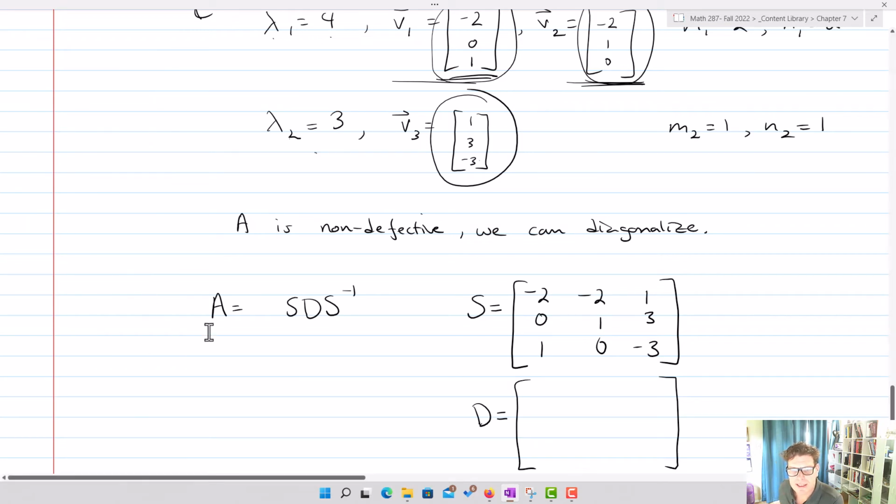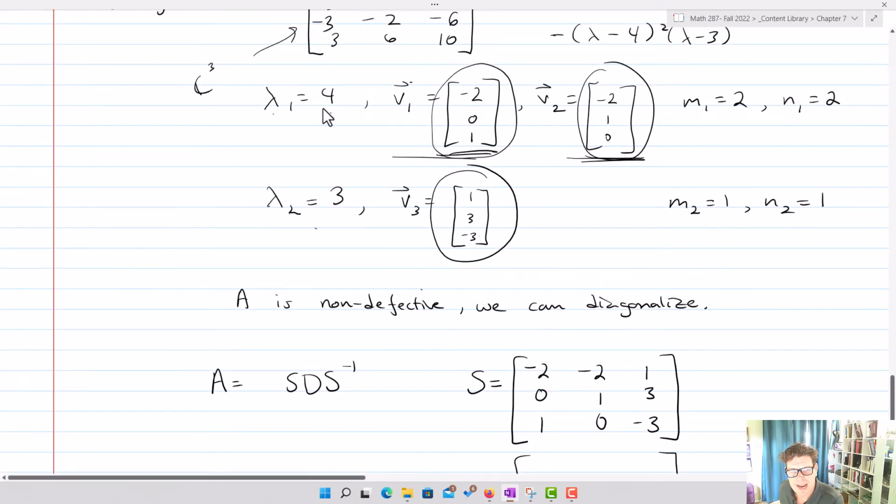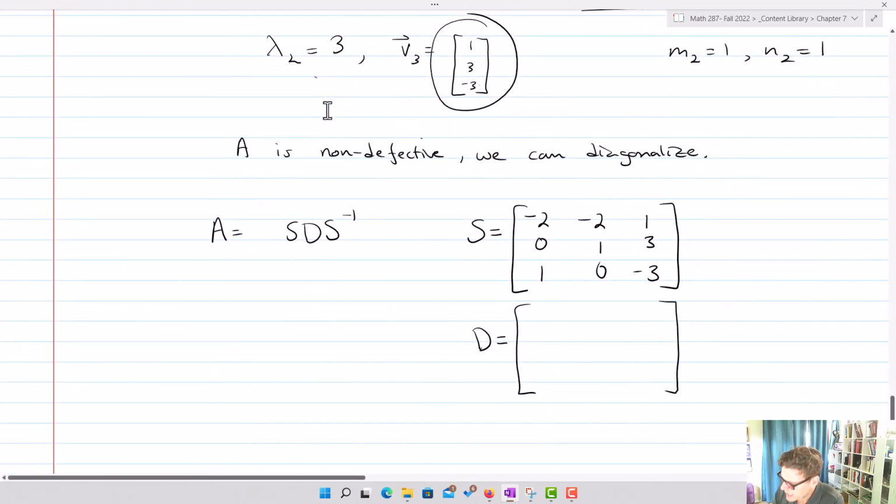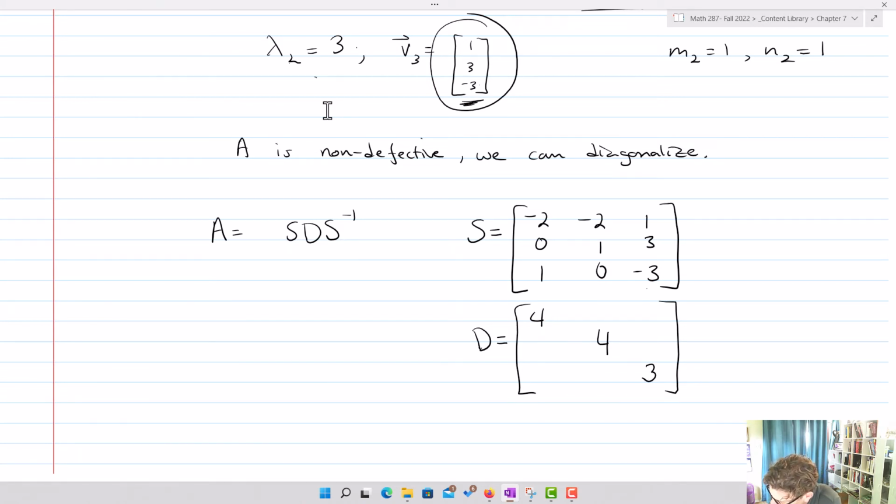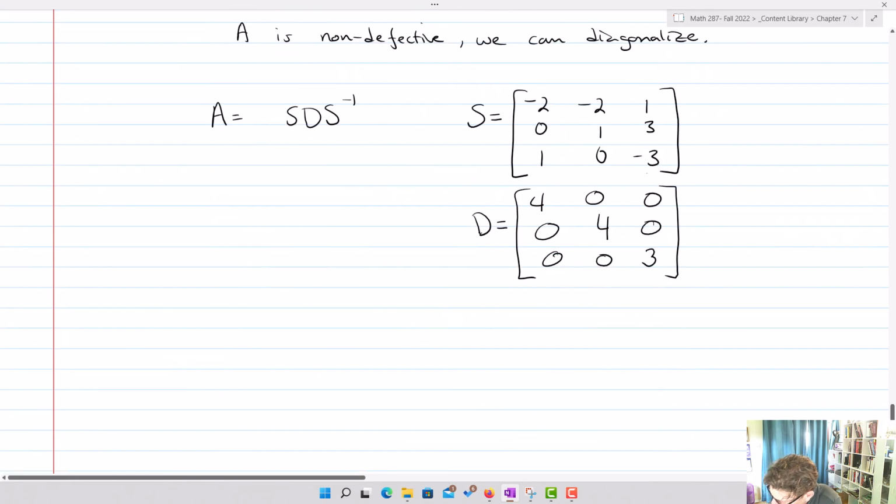So notice that the first two columns go with lambda 1 equals 4. So we need to make sure that the first two columns in our diagonal matrix are the 4s, and then the third column, which has our third vector, is a 3. So this becomes 4, 0, 0, 0, 4, 0, 0, 0, 3. Done.